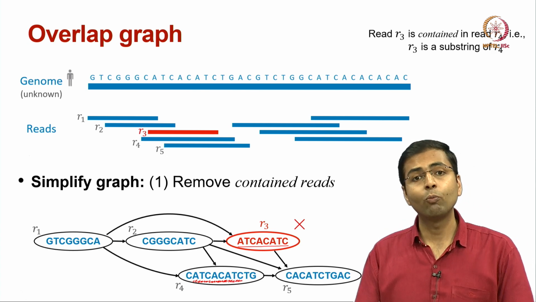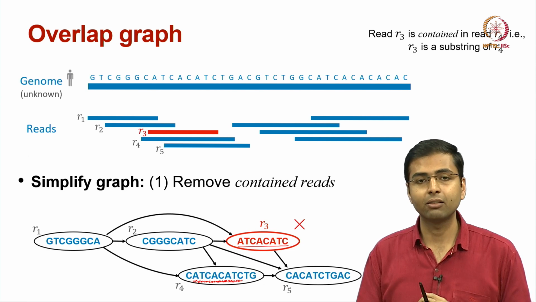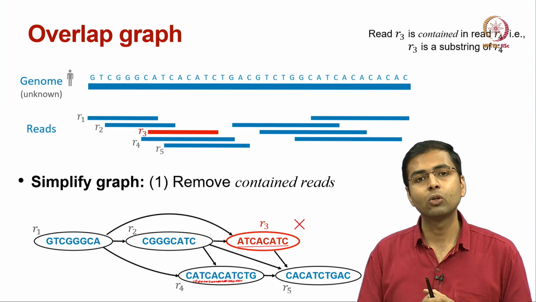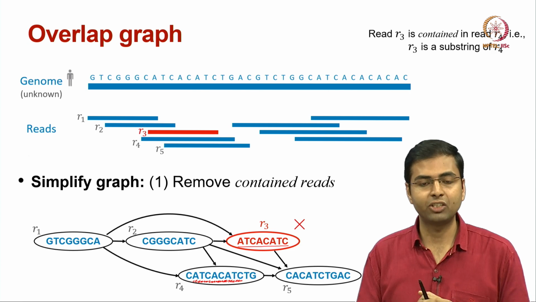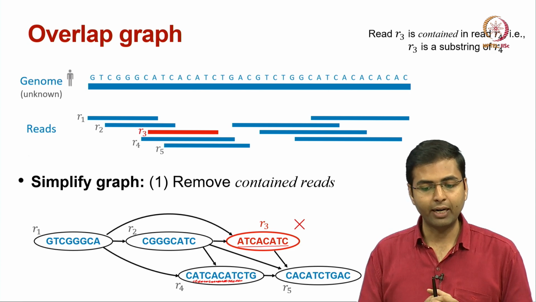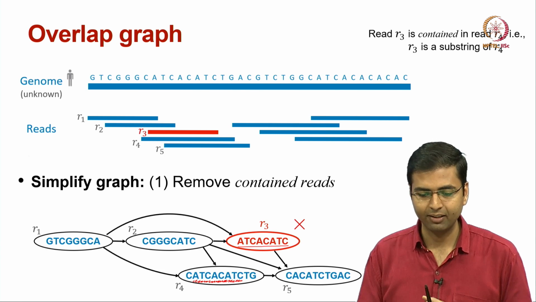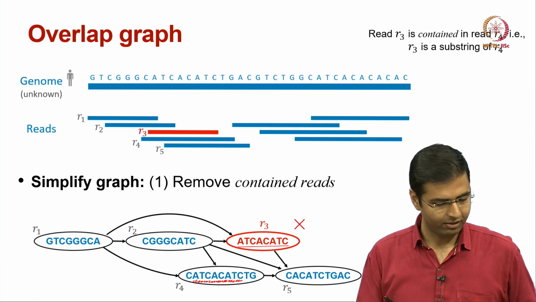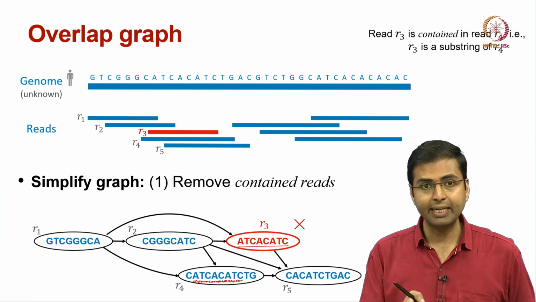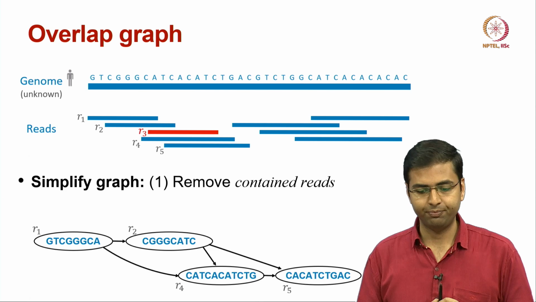As it turns out, most of the contained reads in a dataset will be redundant, that is, they add no value to the genome reconstruction problem. So, one way to simplify the graph is to remove contained reads. In this example we can remove read R3 and obtain a simpler graph.